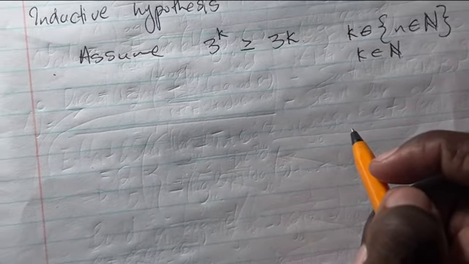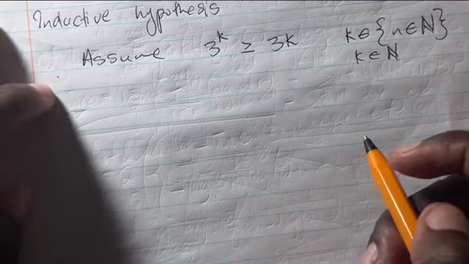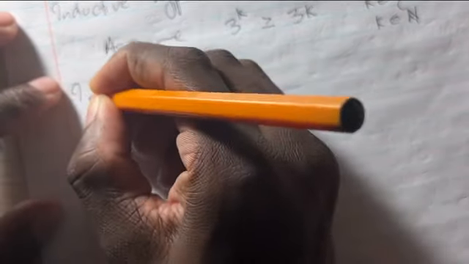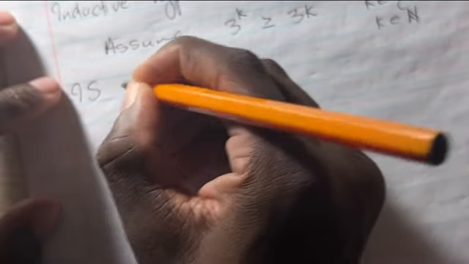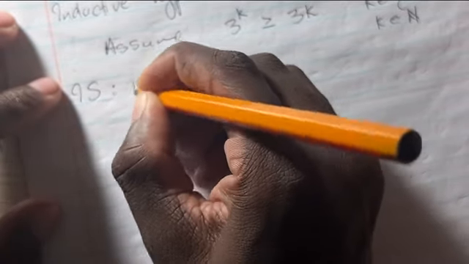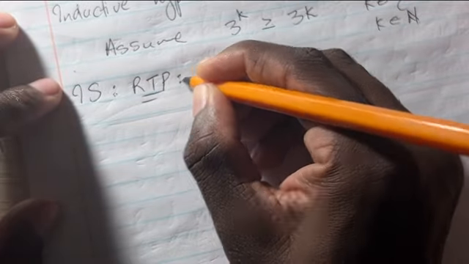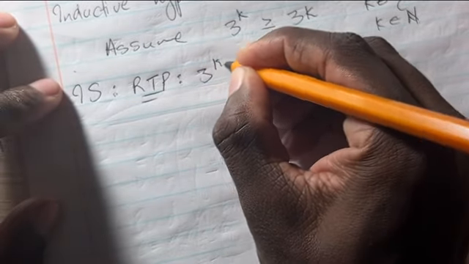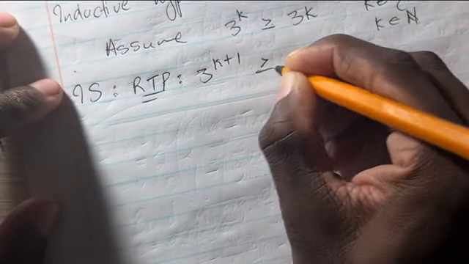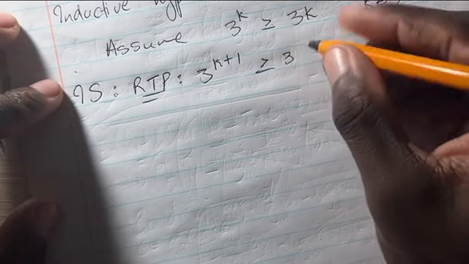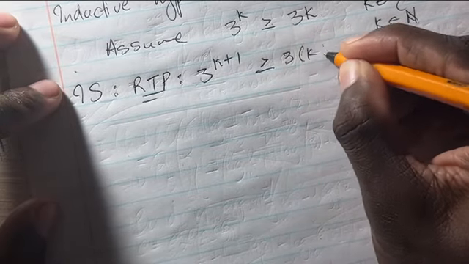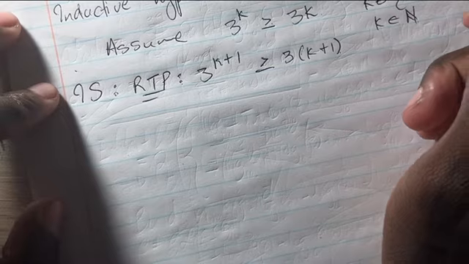Now the next step is, we've assumed, so we have our inductive hypothesis. We go to our inductive step. For the inductive step, we want to prove this holds for the next integer value of n that follows k.